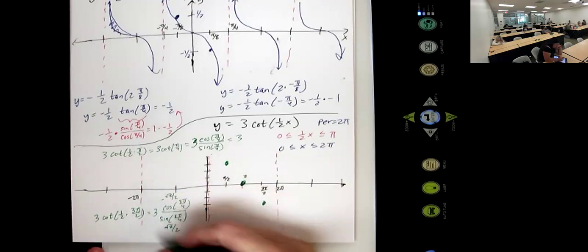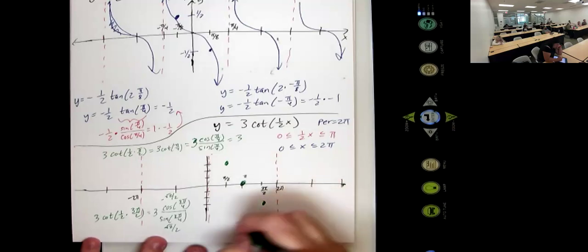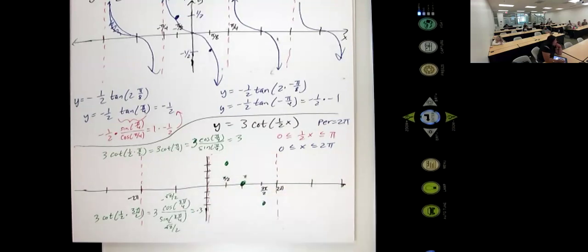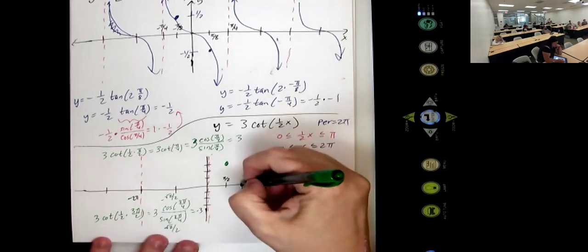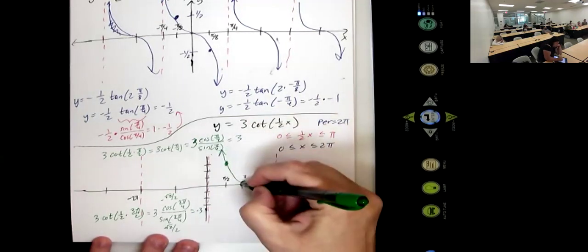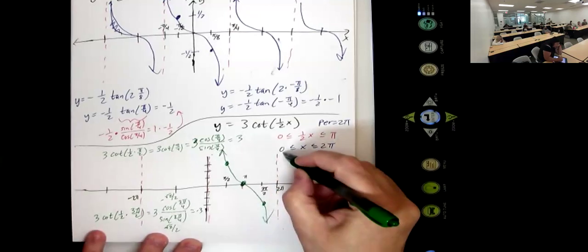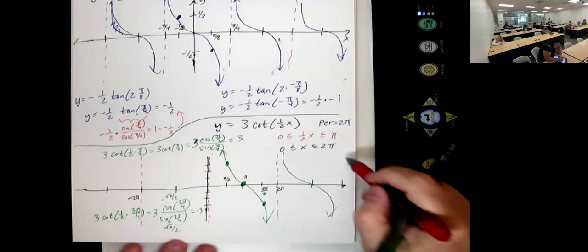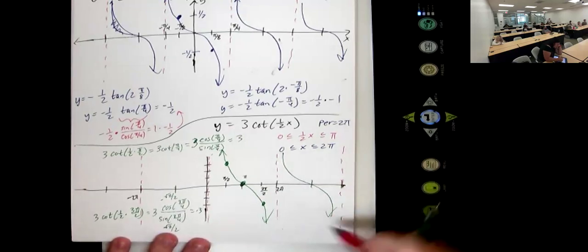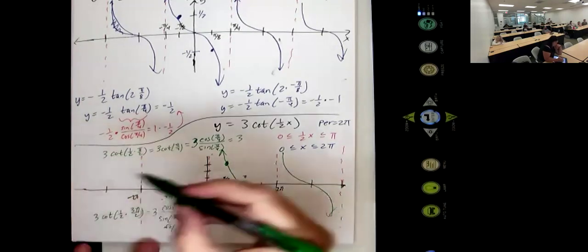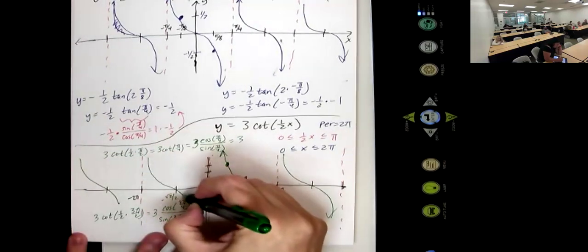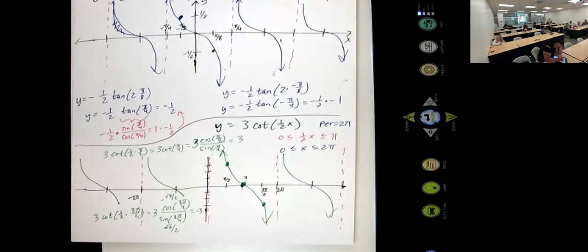So that goes to -1 times 3 is -3. If I've got my ruler right, we'll just pretend like it didn't.